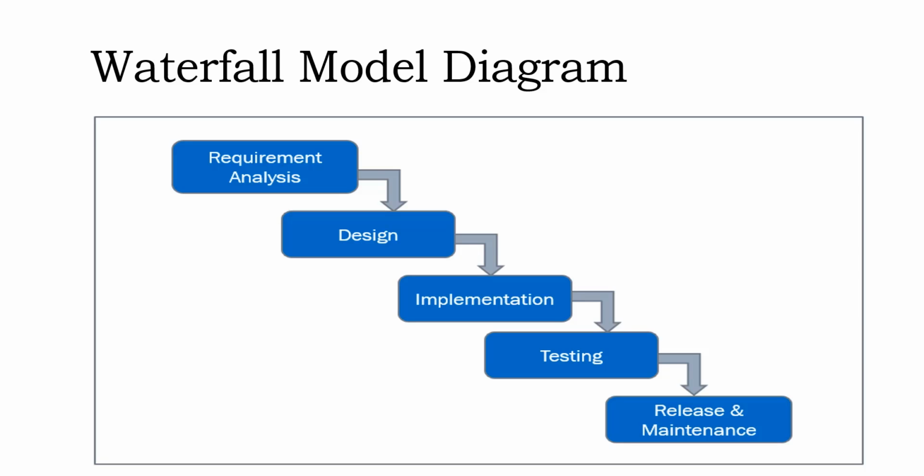Working software is available only late in the life cycle, after implementation or after testing, if you want a proper software. It is also very difficult to measure progress within the stages, and we can't adjust the scope during the life cycle without ending the project.